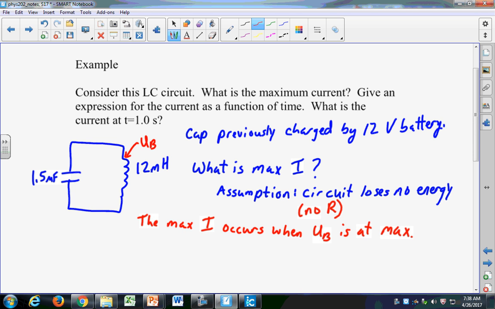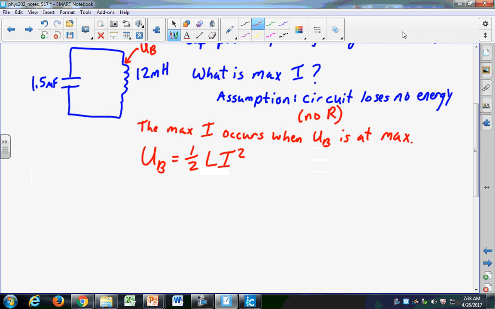I get that maximum potential energy in the magnetic field when the current is at its maximum value. And we have this expression that we found for U_B is equal to 1/2 L i squared. So when U_B is equal to its maximum value, that's when the current is at its maximum value.